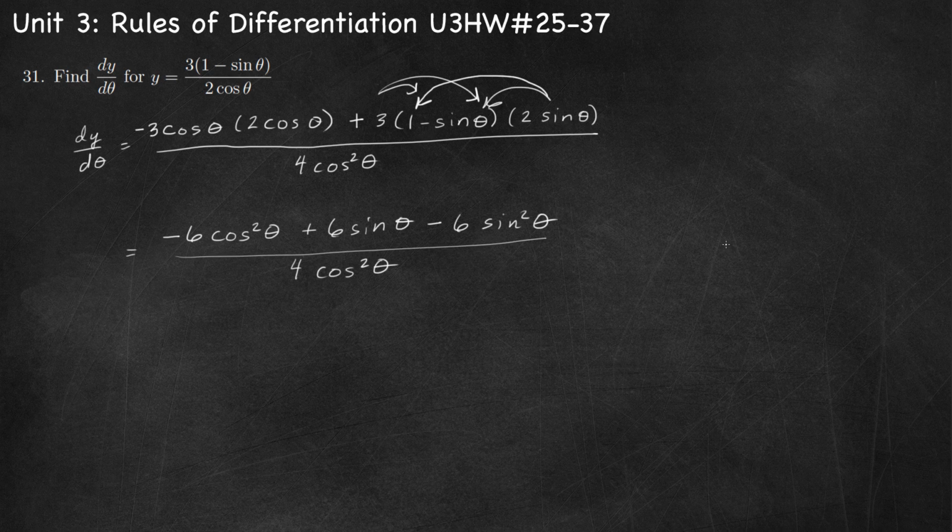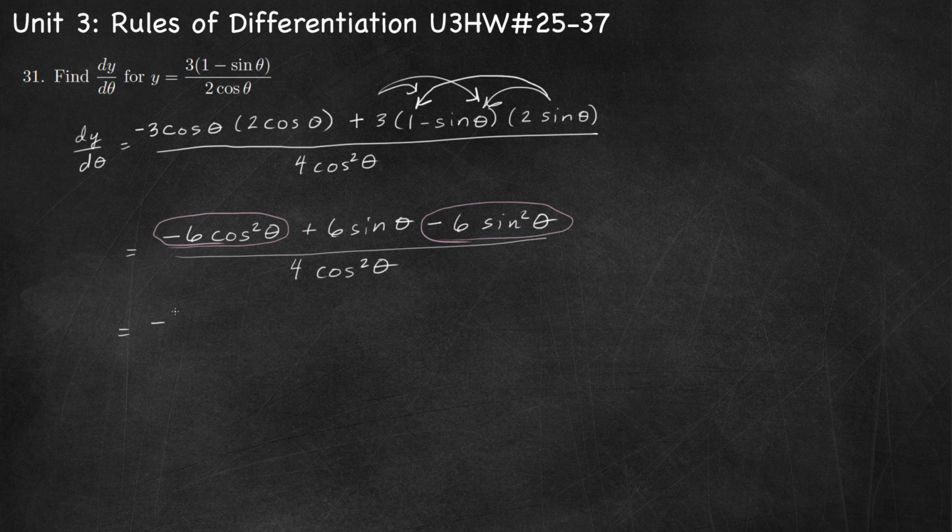Now we can factor a 2 from the numerator and a 2 from the denominator. And I can do a little bit with this right here as well. I've got negative 6 cosine squared theta minus 6 sine squared theta. So let's factor out a negative 6 from the numerator so we can see how we can use the Pythagorean identity here.